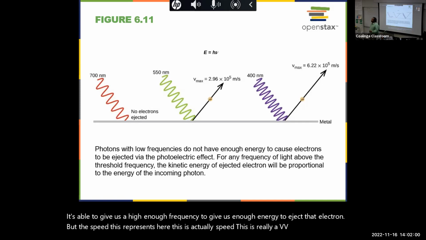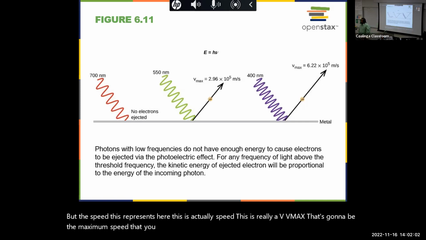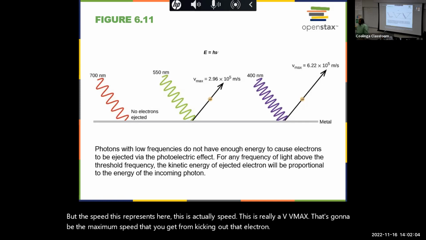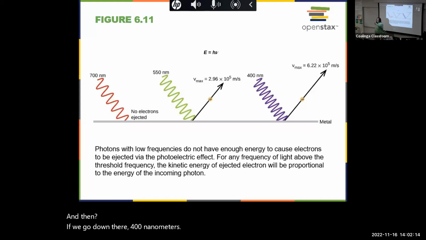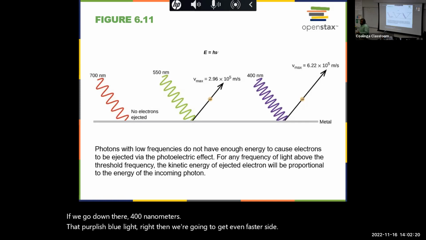That's the maximum speed that you get from taking out that electron. And then, if we go down to 400 nanometers, that purplish blue light, right? Then we're going to get an even faster speed. Does that make sense?